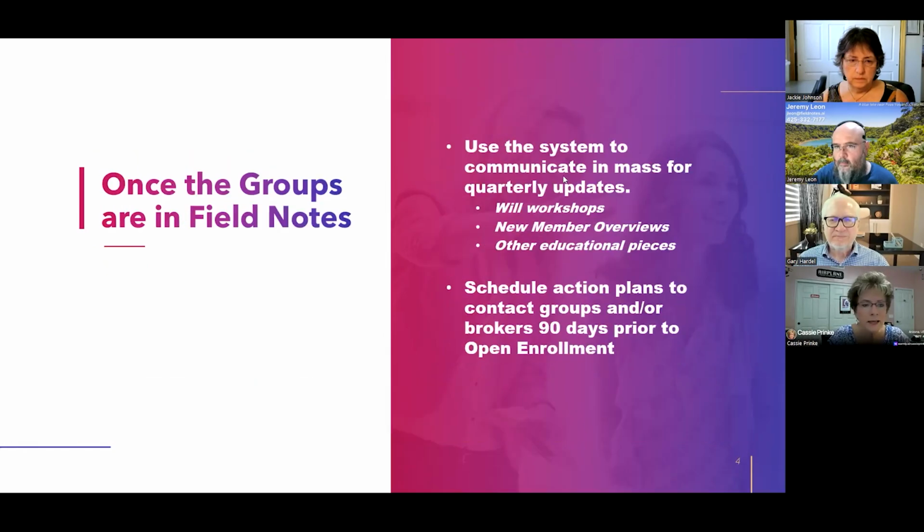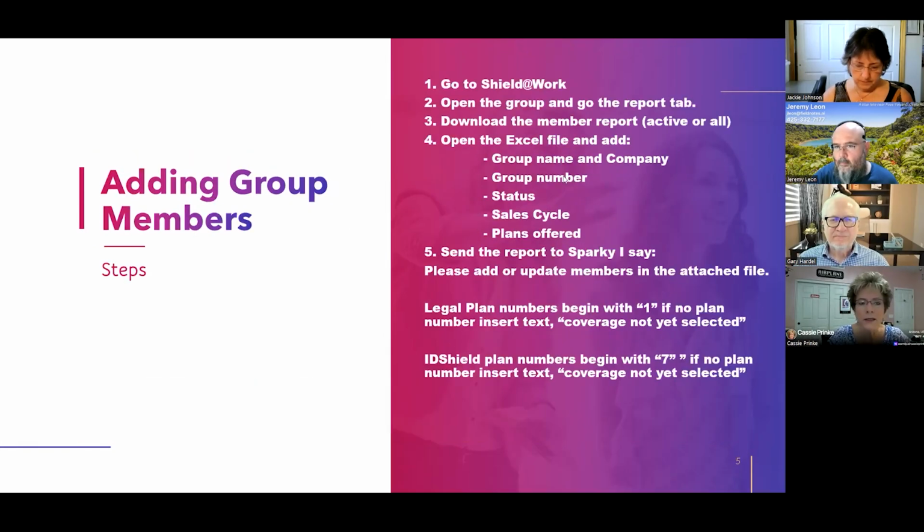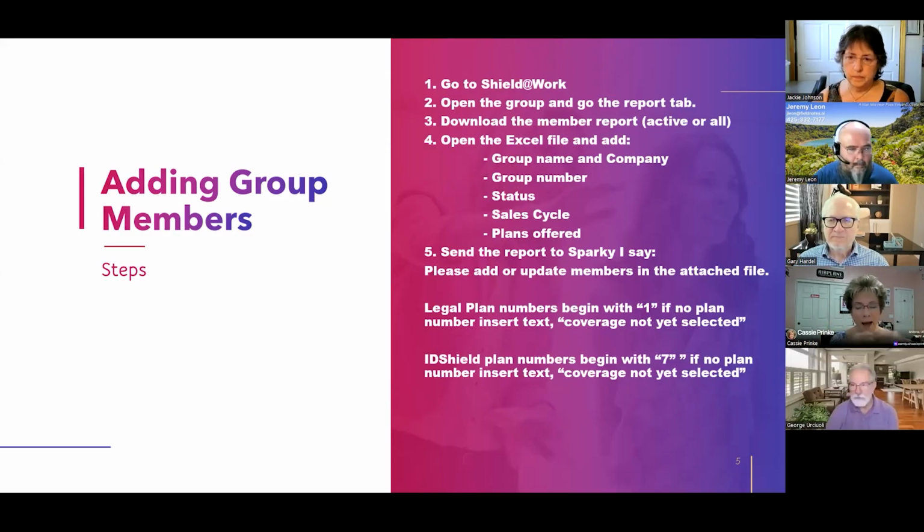So then the next thing I want to talk about is adding the group members themselves. We've gone through open enrollment, and this is how I approached it, because when I got into Fieldnotes, I already had hundreds of groups. One of the things I always find very cumbersome and overwhelming is when you have a lot of groups in Shield at Work, how do you get all that data from one place to another?